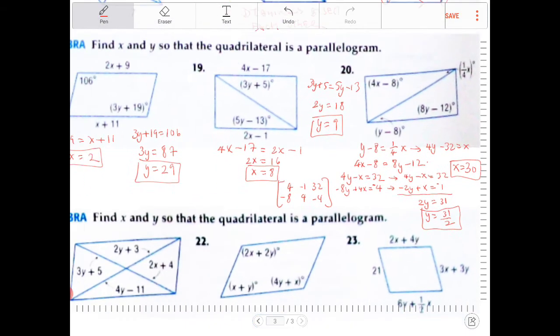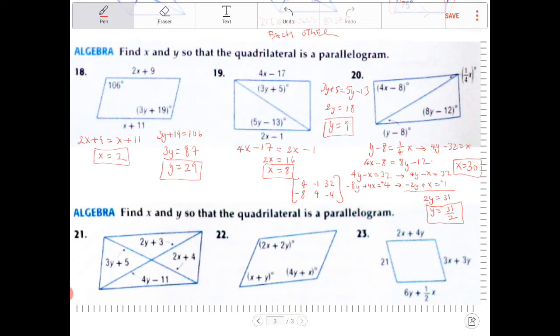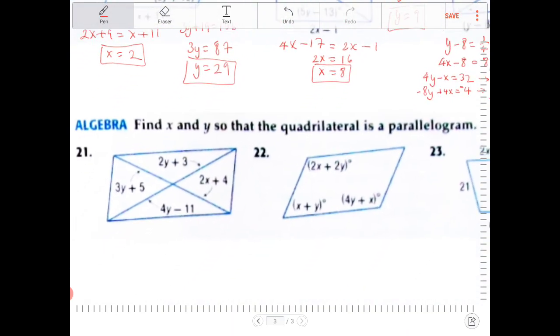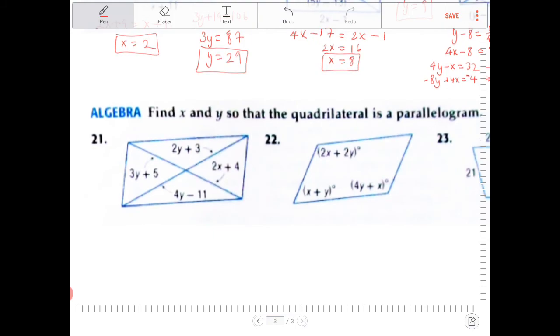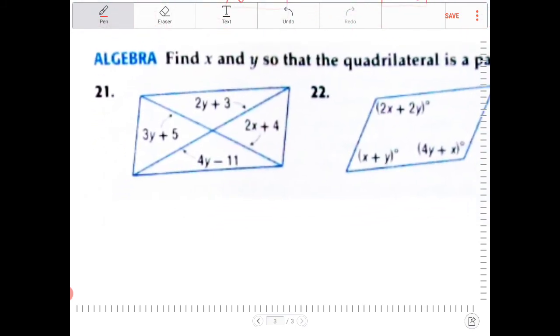Okay. All right. Find x and y so that the quadrilateral is a parallelogram. So this guy right here, and we're almost done.